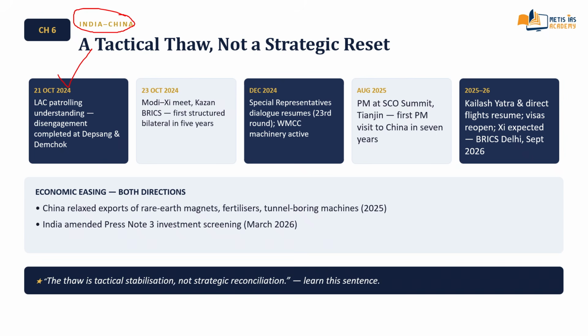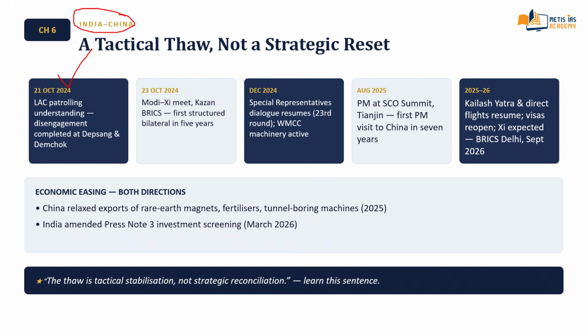This leads us to another important development. The relationship is increasingly guided by the idea that border stability is a prerequisite for broader cooperation.